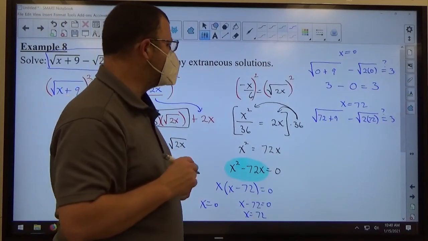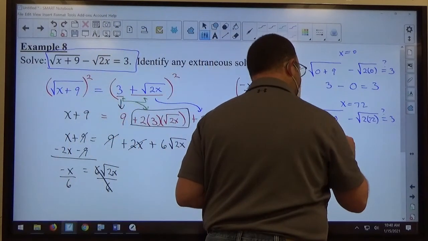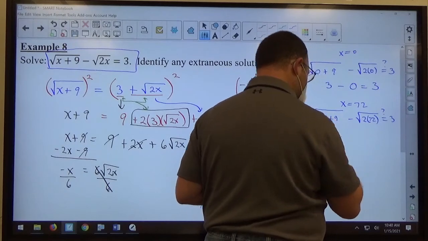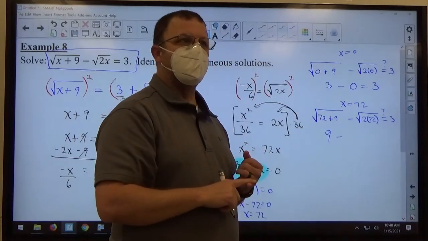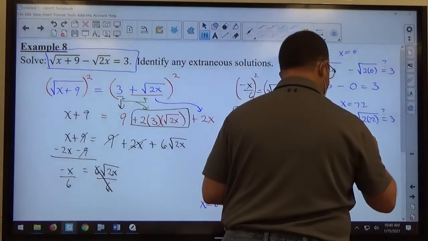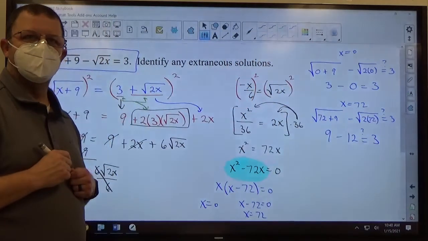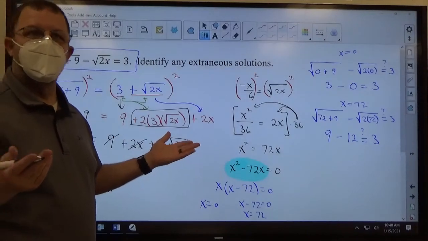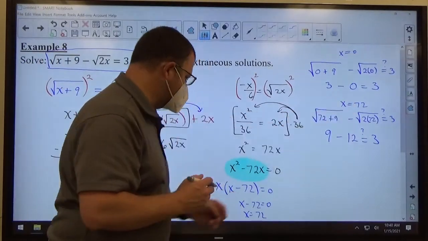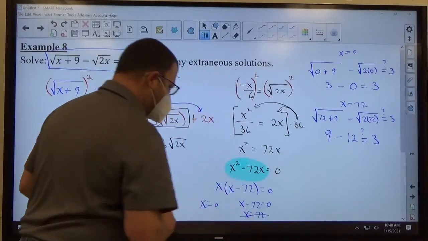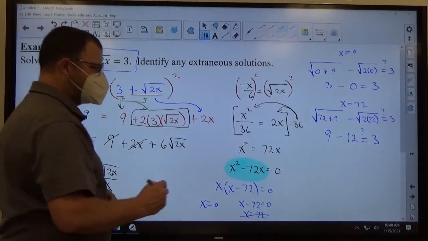And 81 square root is? 9. What's 72 times 2? 144. Square root of 144 is? 12. 9 minus 12 might equal 3. Does 9 minus 12 equal 3? No, it equals negative 3, right? This is a false statement, so x equals 72 is no good. We throw that one out. The only good answer to this is x equals 0.